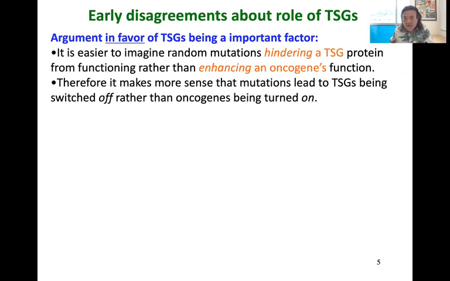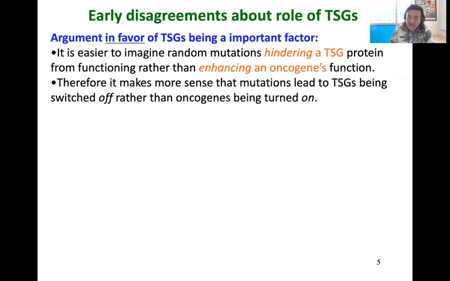Why? Because if you think about the nature of random mutations, if you have a coding sequence of a gene, any gene, that codes for a functional protein, and you have random mutations that you introduce in the coding sequence that might cause missense or nonsense substitutions of the amino acid identities, it's way easier to imagine that random mutations would hinder the normal function of something like a tumor suppressor gene rather than random mutations magically enhancing an oncogene's function.